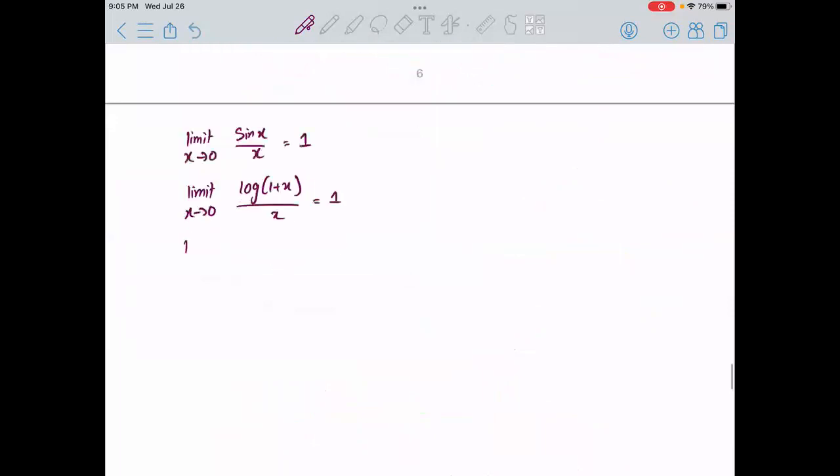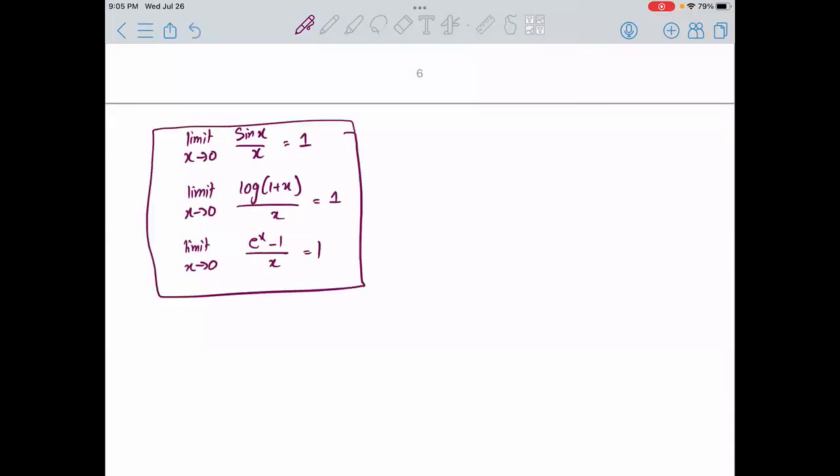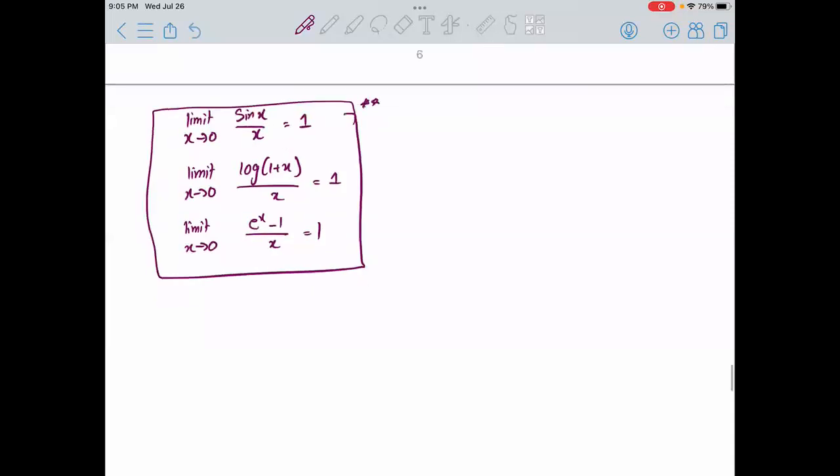Limit x tends to 0, e to the power x minus 1 by x is equal to 1. You have to remember these, and they are very, very important. There are some more formulas, but to solve the problems these are needed.